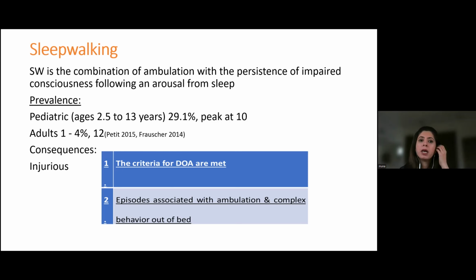Prevalence is again much higher in the pediatric population. Depending on the source you're looking at, it could be as high as 29%. The behaviors basically peak at the age of 10. In adults it is much less common, but they can still occur. The consequences, obviously, can sometimes be injuries.